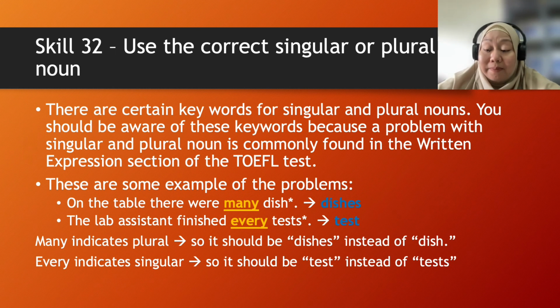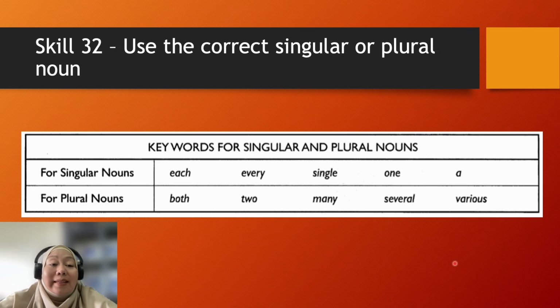Okay, now there are certain keywords that can distinguish singular and plural nouns. And what are they? All right, here they are. Let's take a look at this table. The first one, the keywords for singular nouns.